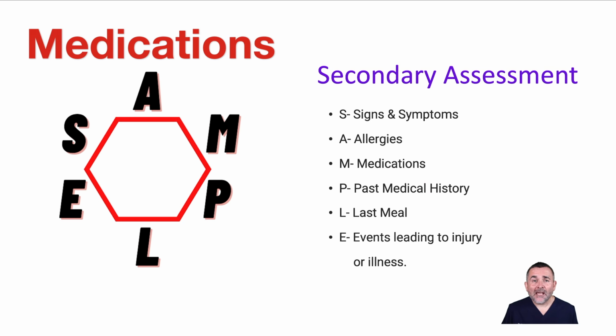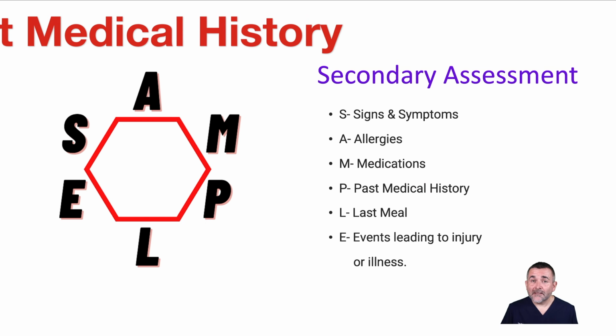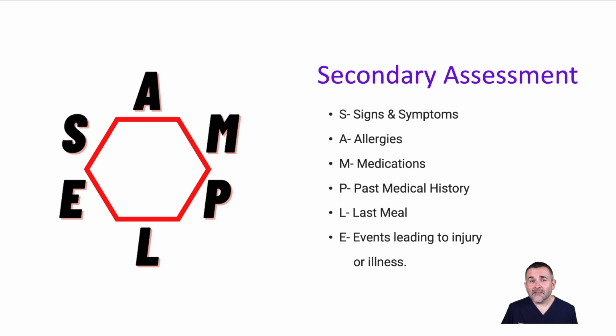Ask about any medications, including over-the-counter medication, vitamins, and herbal supplements. Medications can provide important clues to the child's past medical history and current presentation. Past medical history. Past medical history includes the child's previous illness, hospitalizations, surgeries, and immunizations.